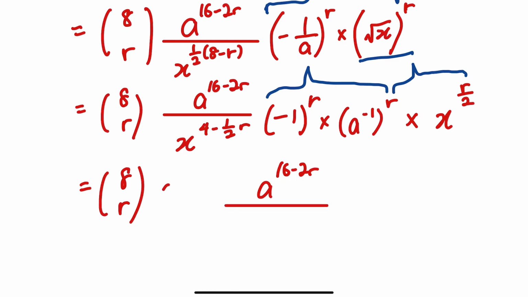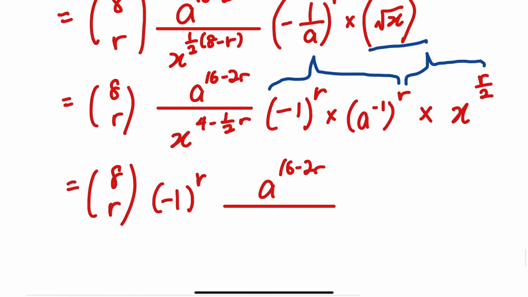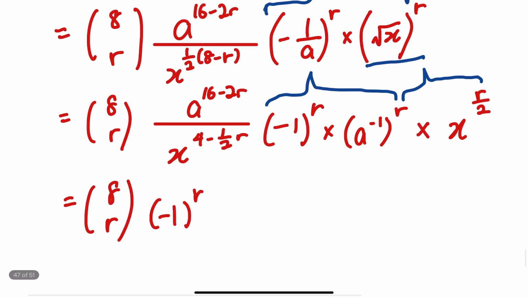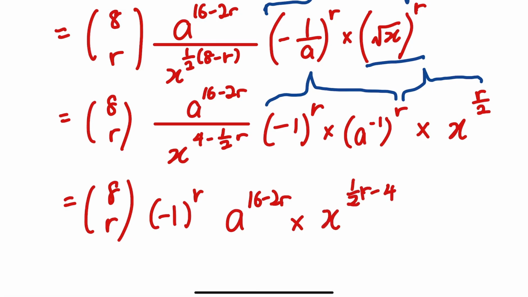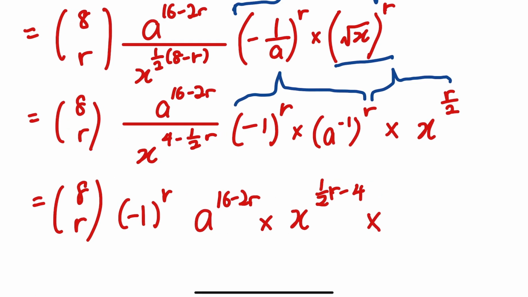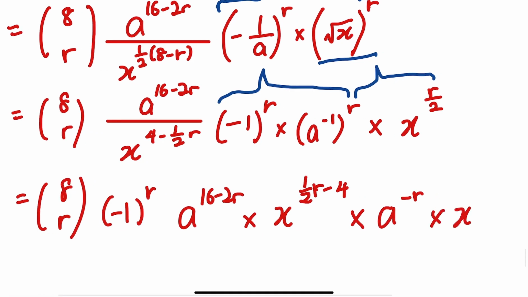So I can actually rewrite these terms here. This will be a to the power 16 minus 2r times, to break this out from the denominator, I just need to apply a negative 1 to the power. So this will be x to the power (half r minus 4), times a to the power negative r times x to the power r over 2.